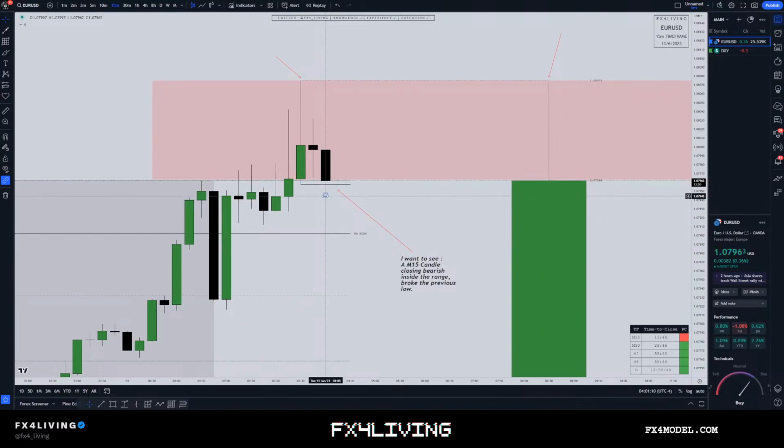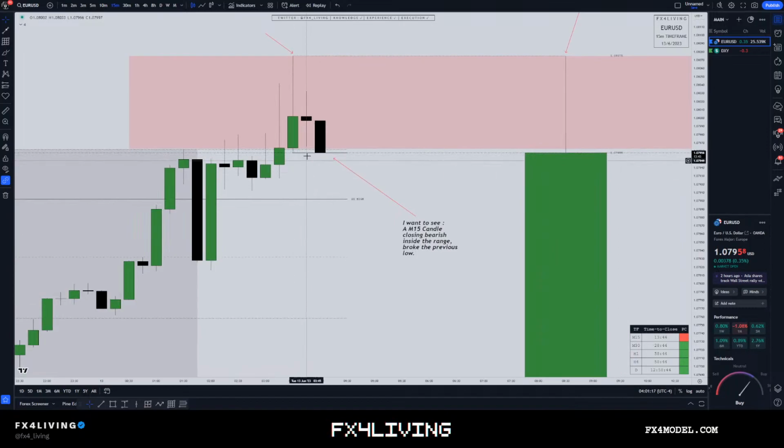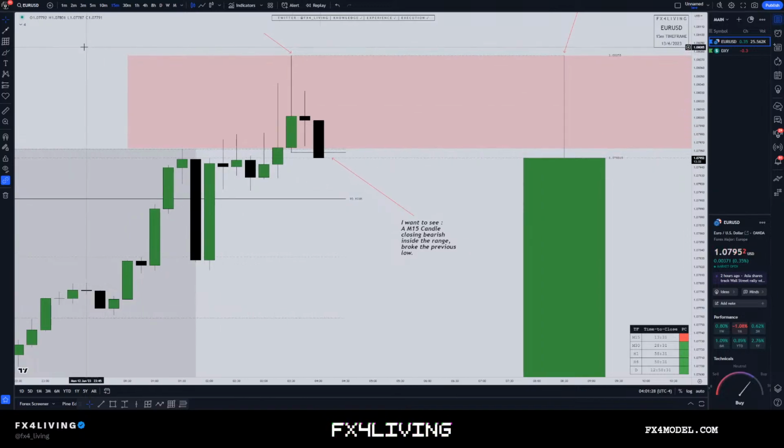So this is your new hour, so this is the 4 hour now. We just broke the low here, but the candle's still open. So I want to see this 15-minute close inside the range, validating this high here.